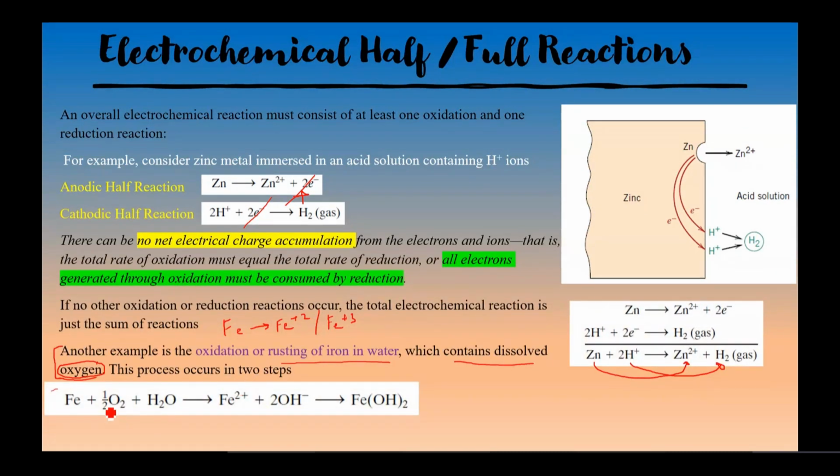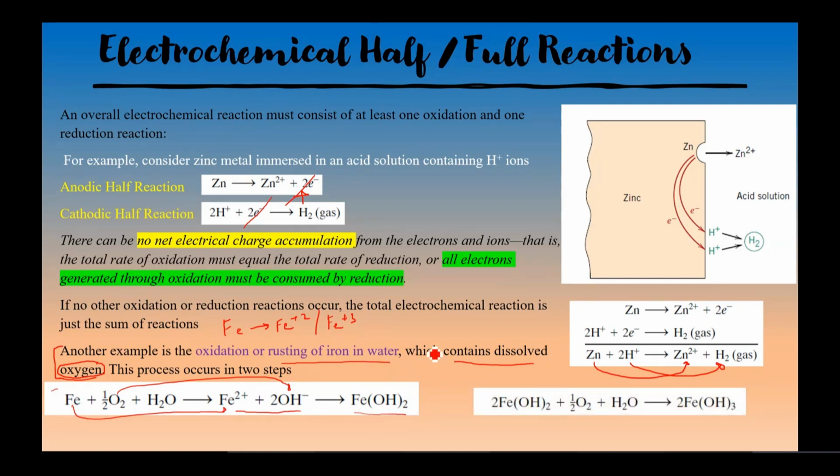So if we combine the two reactions, what is happening? Iron is converting into Fe2+ and oxygen gets converted into OH- ions. Together they could form the Fe(OH)2 precipitate. Further, this Fe2+, through further oxidation with oxygen, results in the formation of Fe3+.